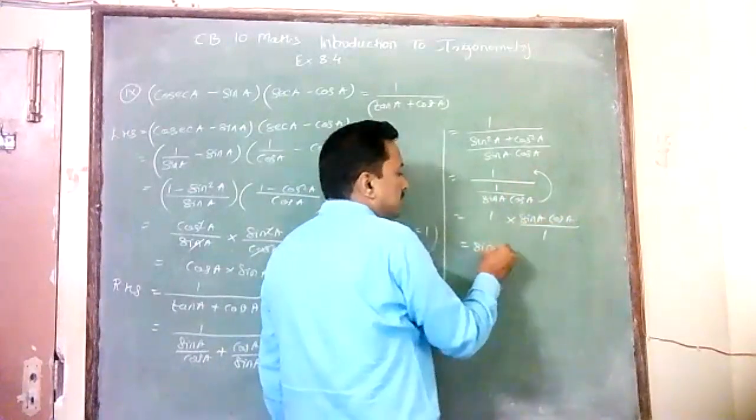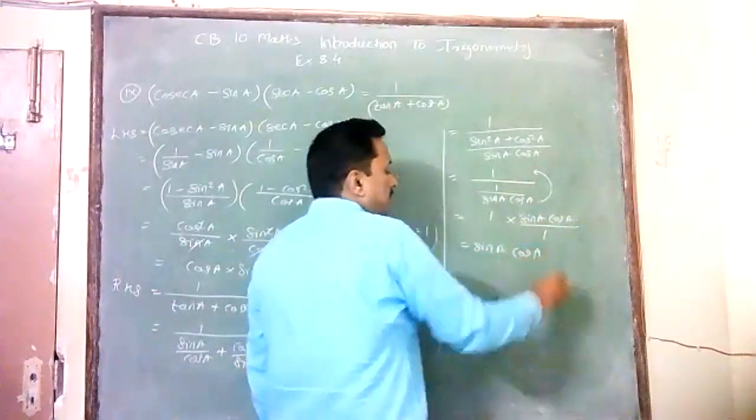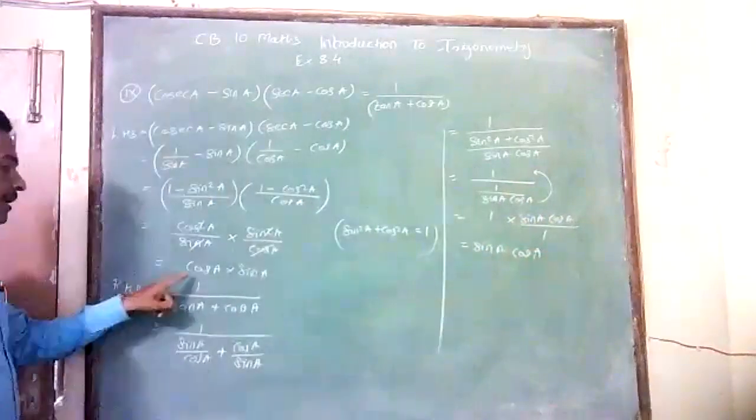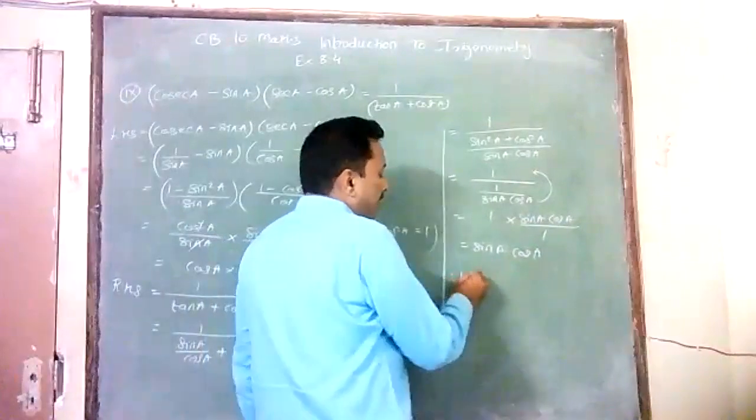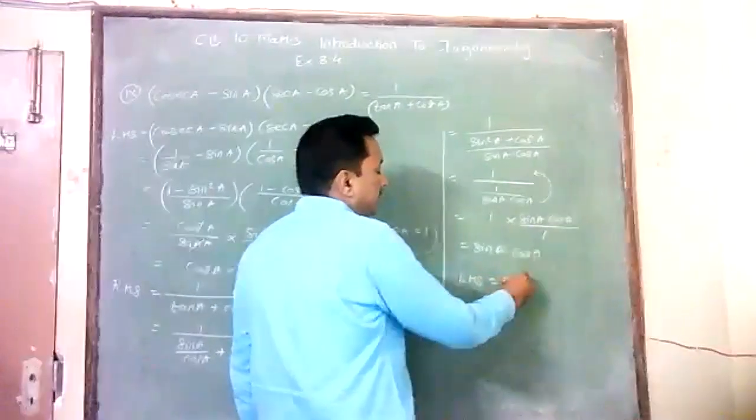Your answer is sin A cos A. Now see the LHS cos A sin A, RHS cos A sin A. Therefore, LHS is equal to RHS.